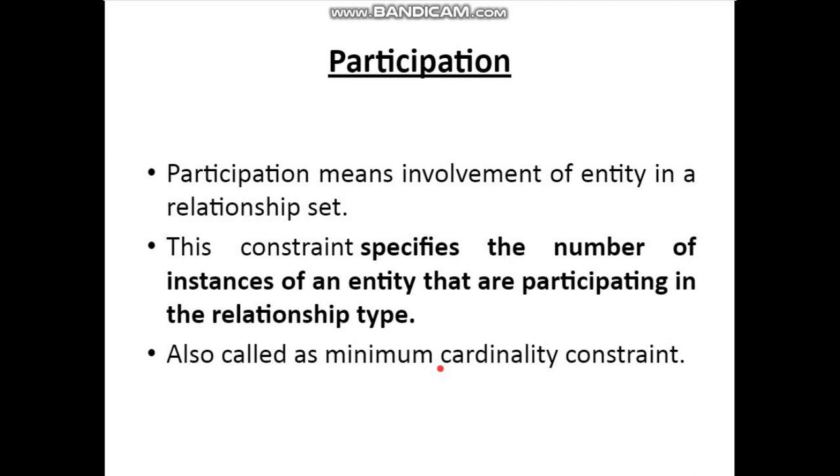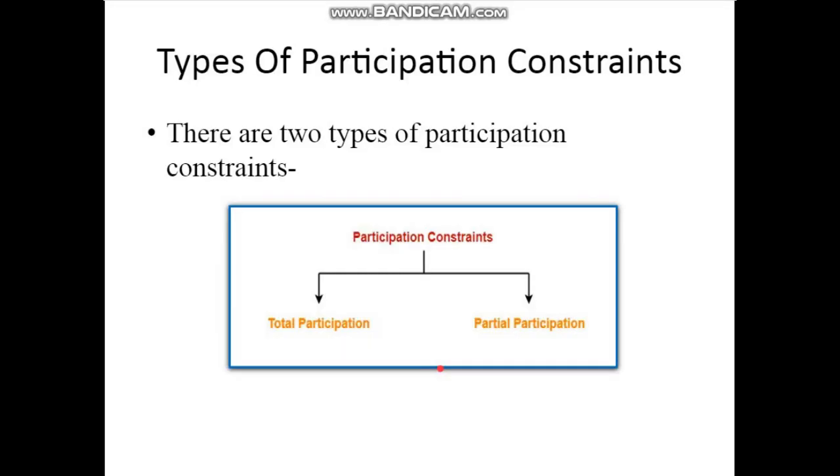So how many entities are involved in this? One entity from teacher and one entity from student type is involved in this. So the number of instances of an entity that are participating in the relationship type is said to be participation, right? And it is also called as minimum cardinality constraint.